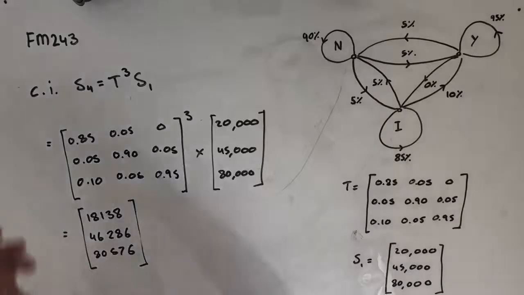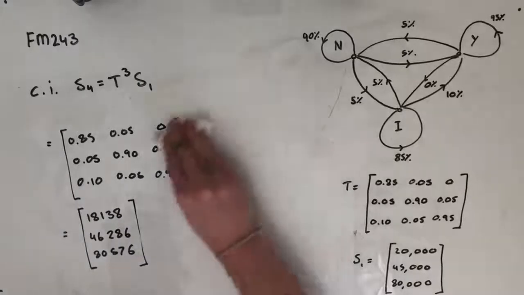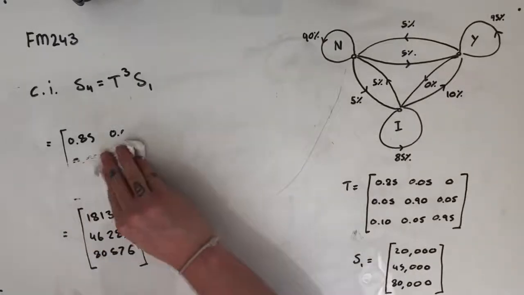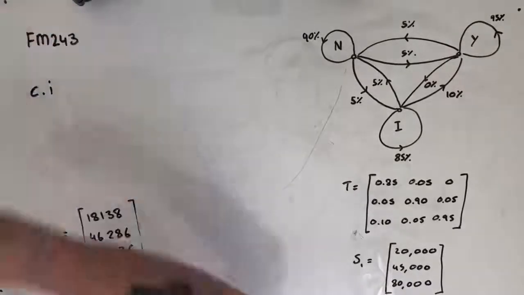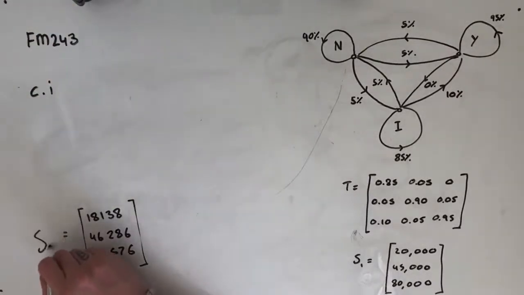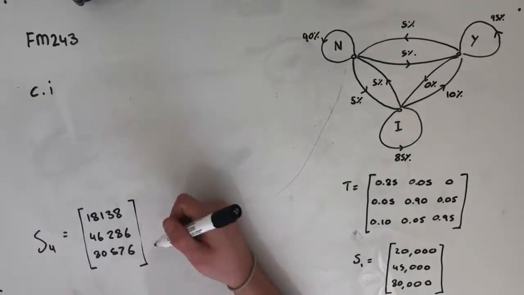Part II then goes on to say, what information does matrix S4 contain? So I'll leave the actual matrix itself there. So S4 was equal to that. So what information does this contain?